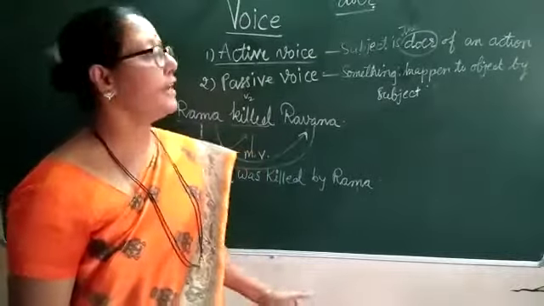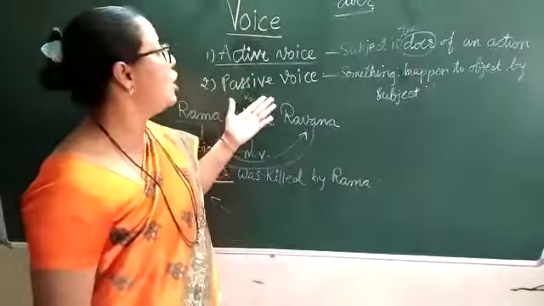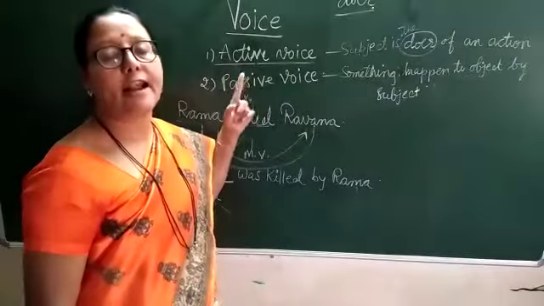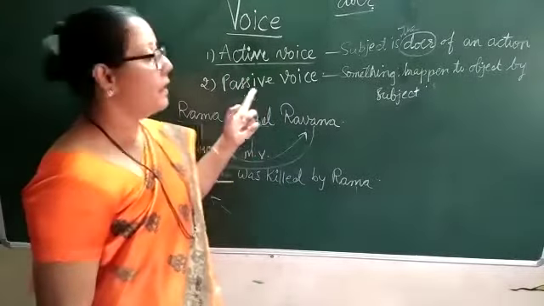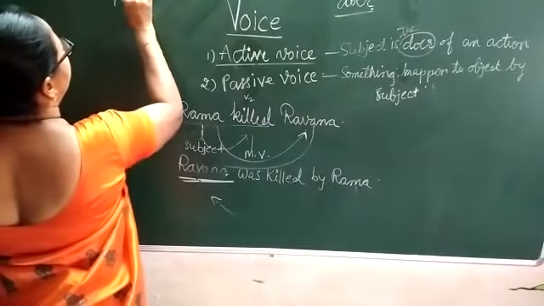So, what we came to know: there are two types of voice in English grammar. Those are active voice and passive voice. Active and passive are opposite words to each other.